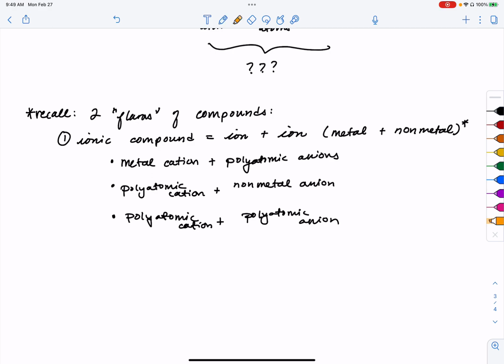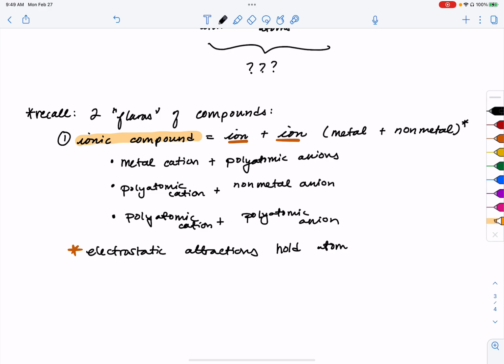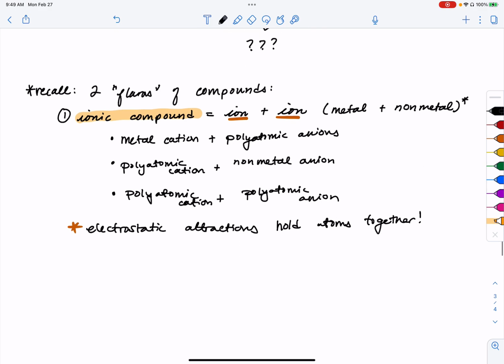In other words, ionic compounds are things that are inherently formed by charge associations, or electrostatic attractions are what hold our atoms together.